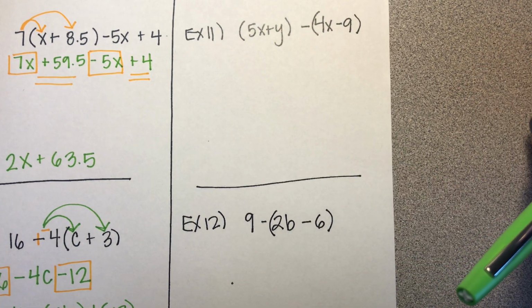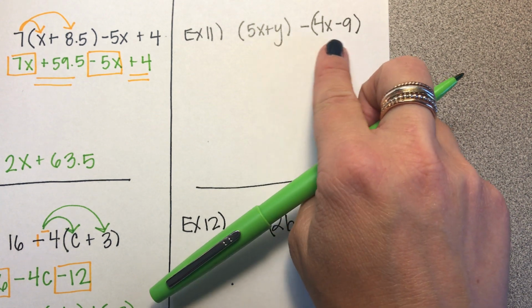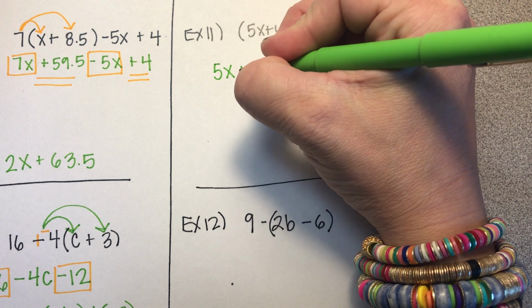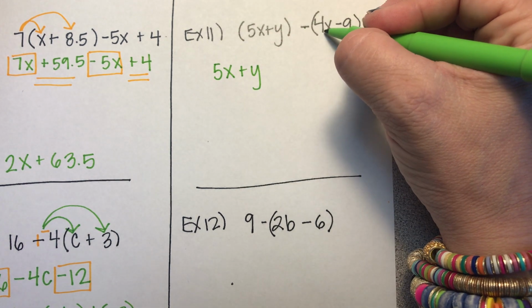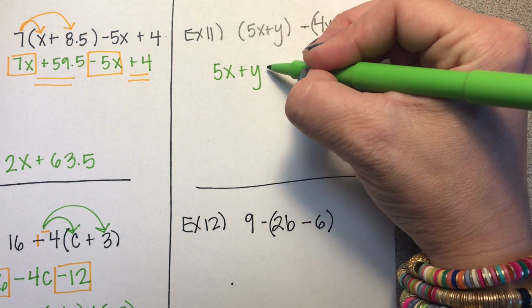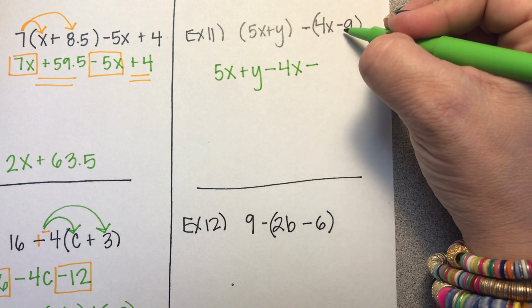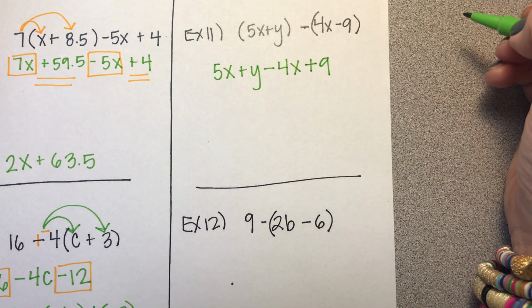Okay, number 11. So within this parentheses, can I do anything? Can I do anything over here? No. So over on the left, I have 5x plus y, and then I'm subtracting this entire parentheses. So I'm subtracting 4x, and I'm subtracting 9, which is adding 9.